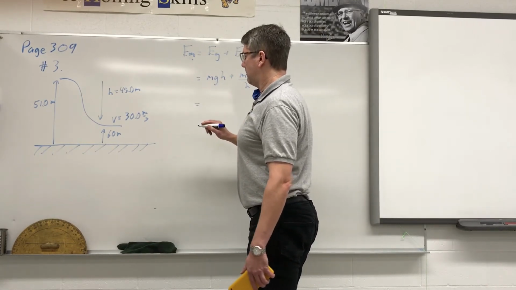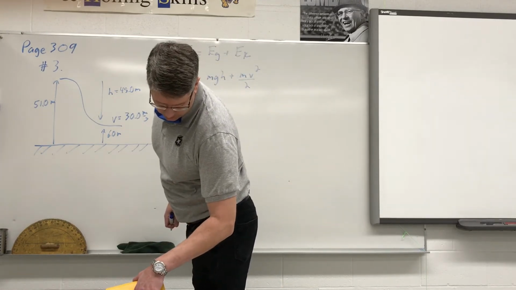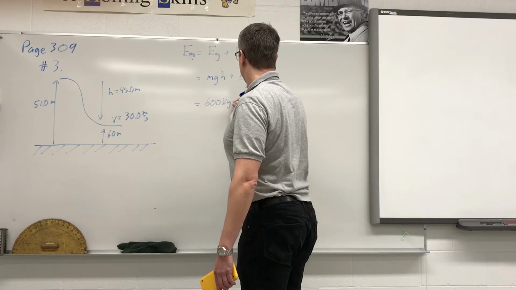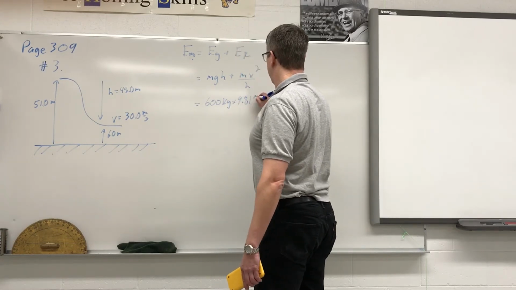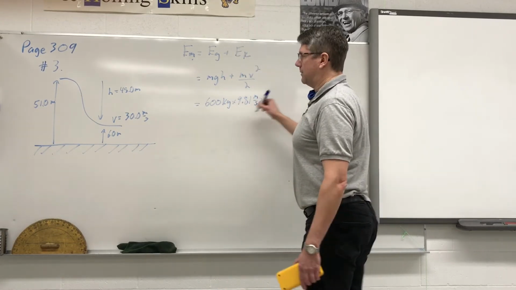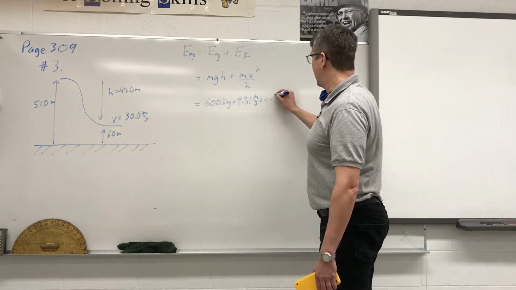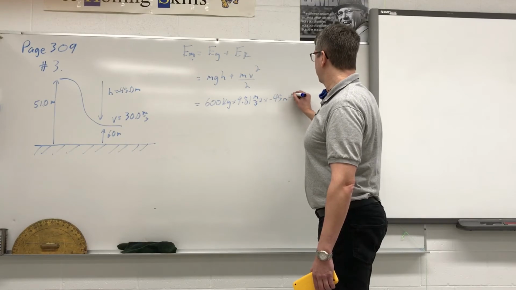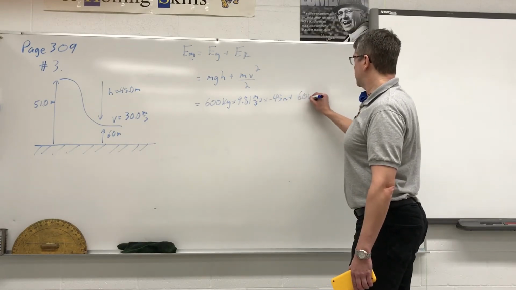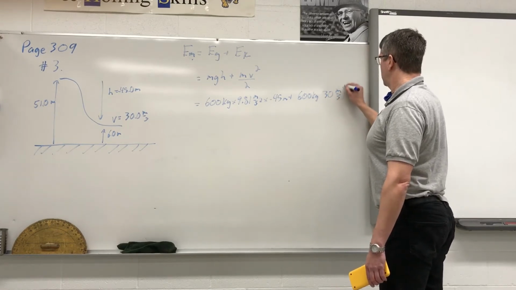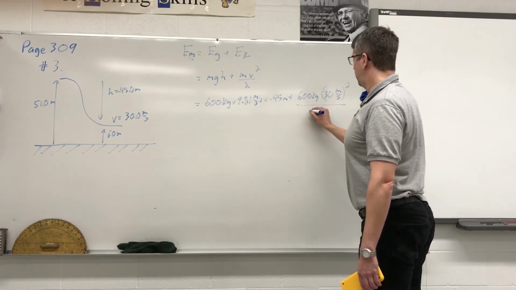Now for our mass, it is 600 kilograms times 9.81 meters per second squared times our height, which is down 45 meters, so that's going to be a negative 45 meters, plus our mass 600 kilograms times our velocity 30 meters per second squared divided by 2.